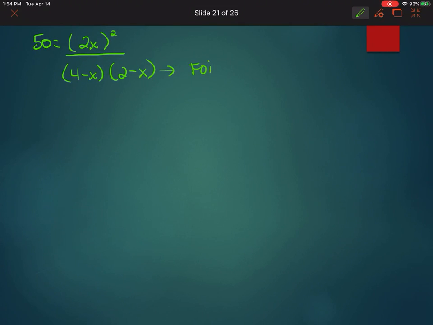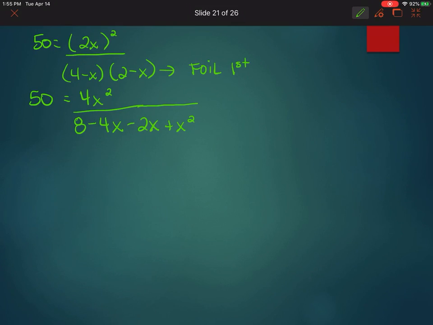Okay, so we have to FOIL first. And I'm going to simplify the top as well. So 4x squared. So first, 4 times 2 is 8. 4 times negative x is negative 4x. Negative x times 2 is negative 2x. And negative x times negative x is positive x squared.